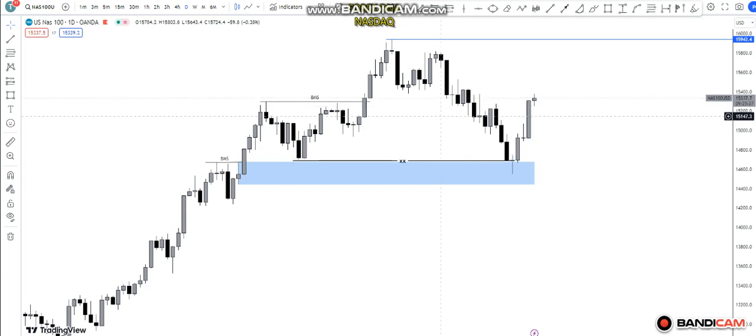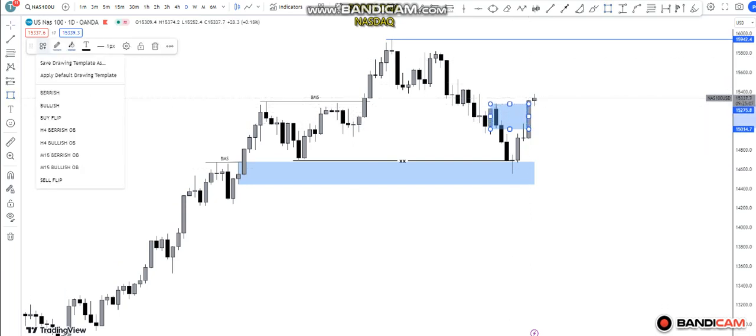Now, for us to find the entry, or the confirmation of the change of direction, we have to go to the H4 time frame, because this one is a daily time frame. Before we go to H4, if you can check on top here, the market managed to break this order block.